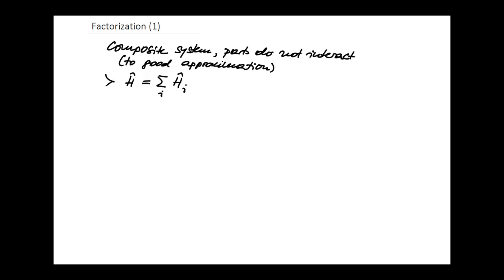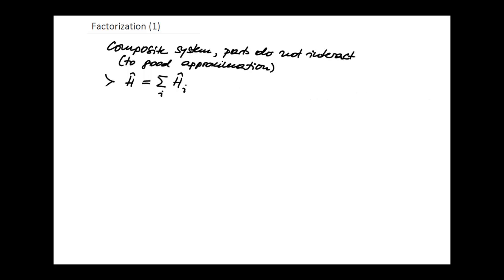So, strictly speaking, you should write the total Hamiltonian as the Hamiltonian of the first part, tensor, unit operator, tensor, and so on, they are all unit operators, plus unit operator in the first Hilbert space, tensor Hamiltonian in the second, tensor unit, and so on. And then you add up over all the parts. So you're adding up objects that live in the same Hilbert space.